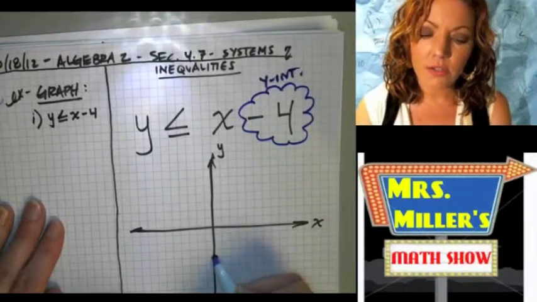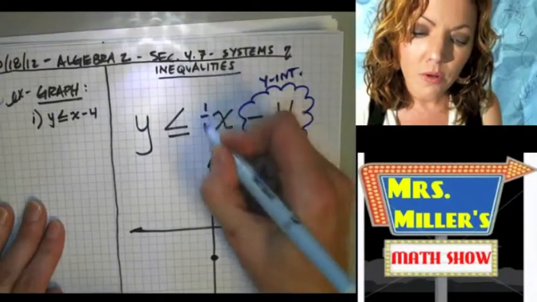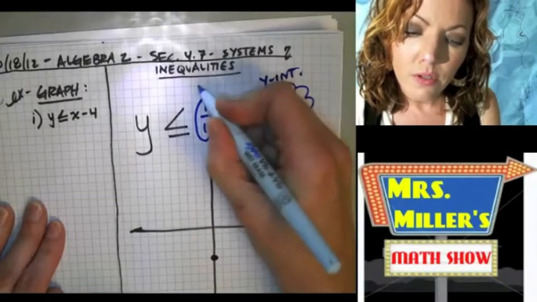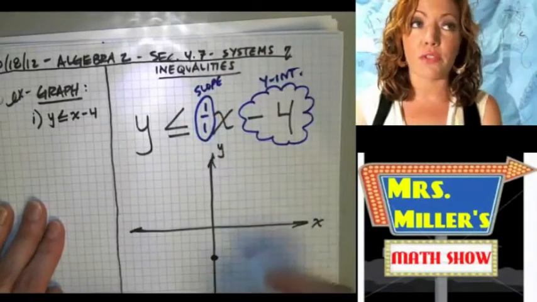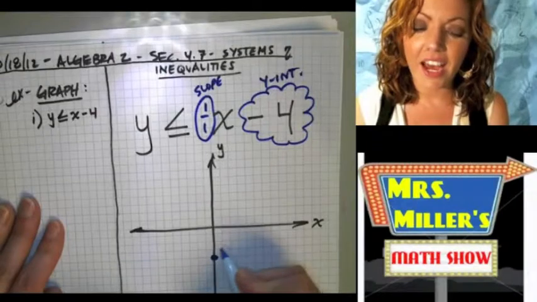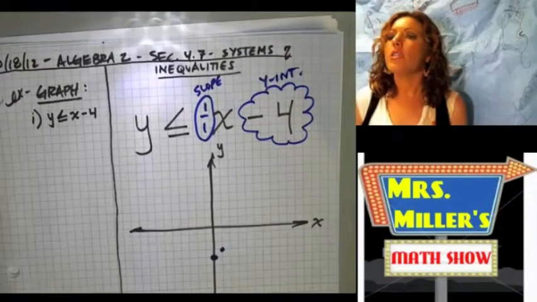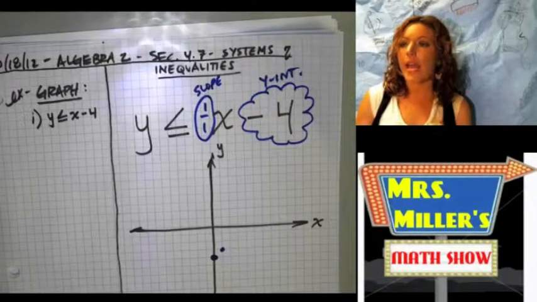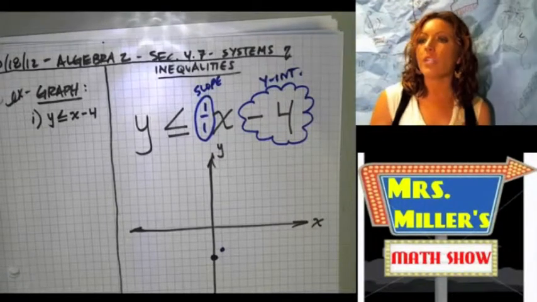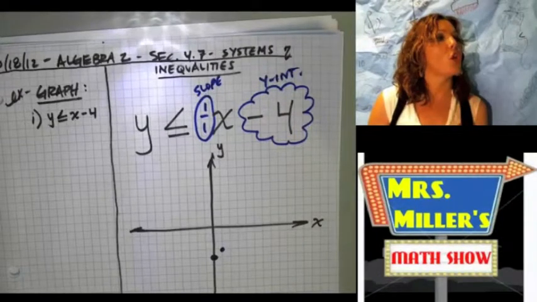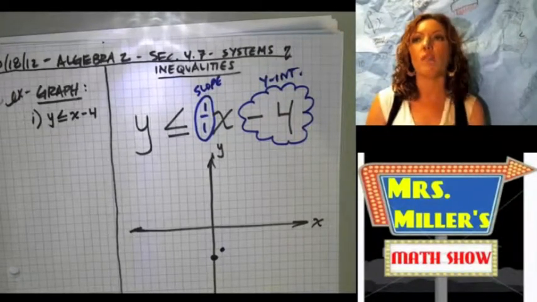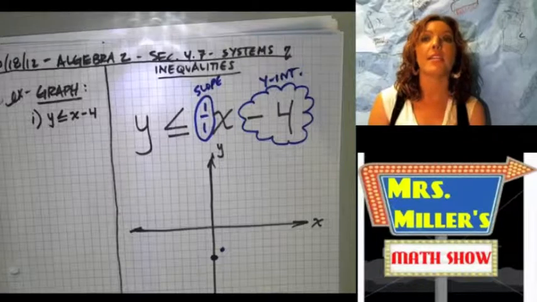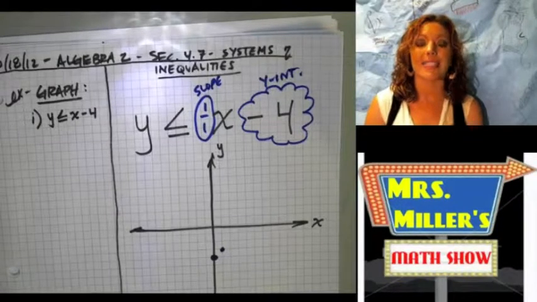Good. 1 over 1 is go up 1 and you go over 1. Perfect. Okay, so that's how we graph a line. We need 2 points to make a line, and you start with the y-intercept, and then once you have the y-intercept graphed, you use the slope to get the next point. I'm going over that as if you all have never seen it before, because that is what a lot of people missed on the last test.